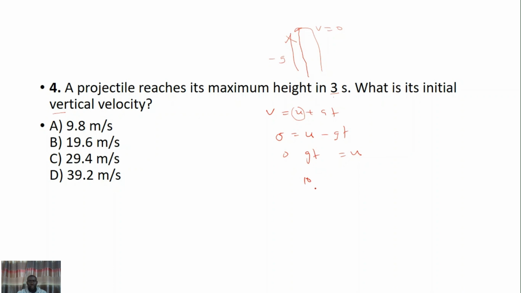G is equals to 10 approximately, although it's 9.8 meter per second. You can approximate it to 10 for the ease of calculation. Okay, times 3 is equals to u. So u equals to 30 meter per second.